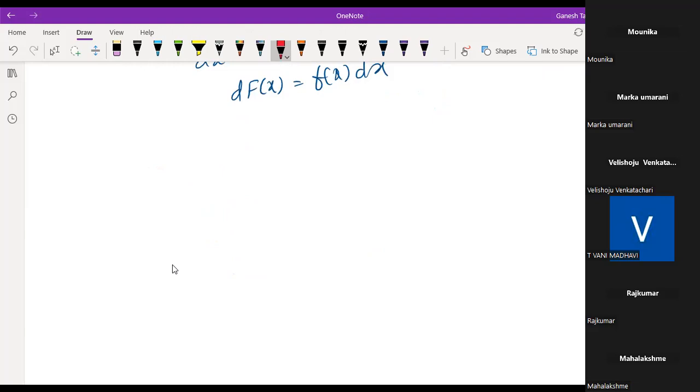Actually in 2023 they asked 3 questions from this distribution, density and mass function.